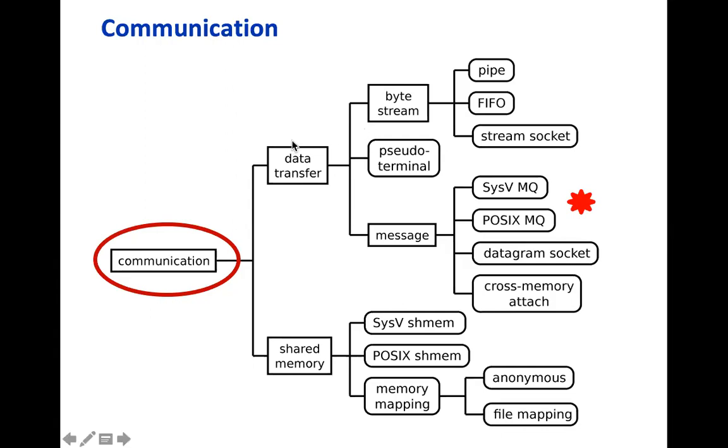Now when the data to be transferred is structured in a message, then we'll use the mechanism called System V message queues or POSIX message queues. Message is always structured, right? Like the IP message that you studied. There is always a metadata area or control area or header area, and then the data area.